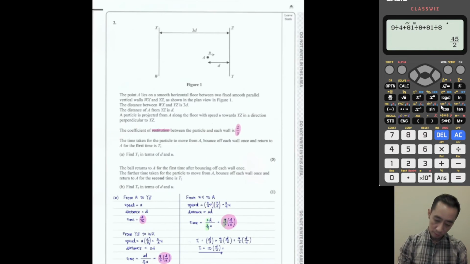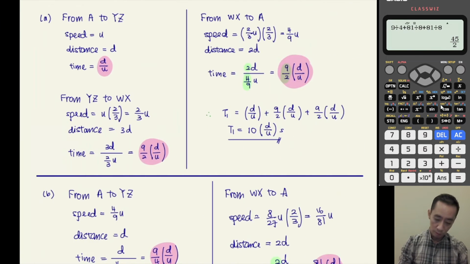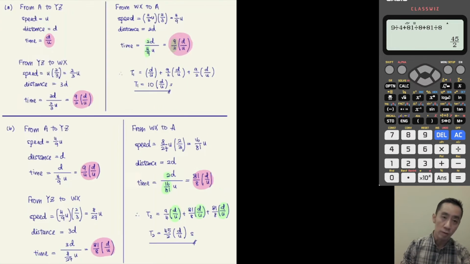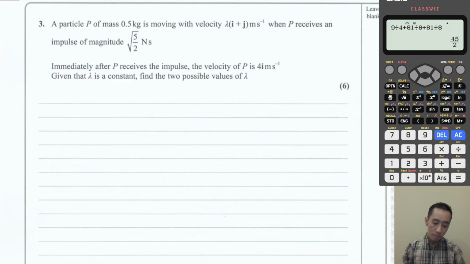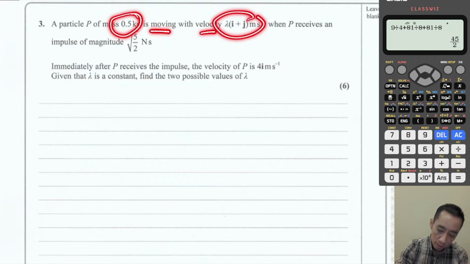So let me refresh, go to the questions again. The solutions. Okay, so now let's proceed to question 3. A particle P of mass 0.5 kg is moving with the velocity lambda i plus j m s^-1.